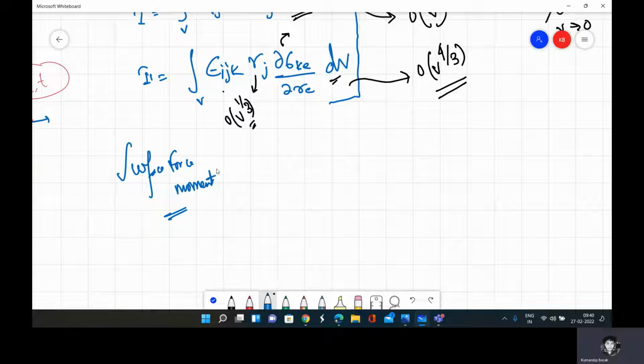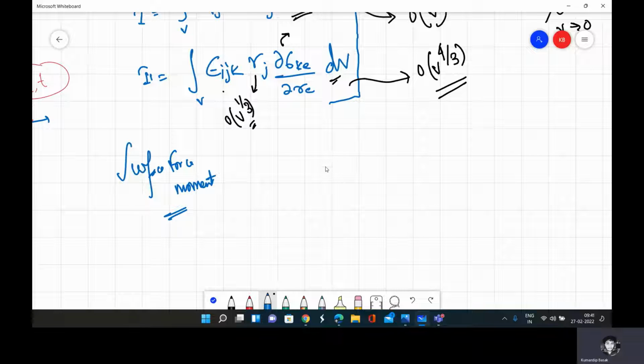But one may ask, okay, then what is the moment of the volume forces? That is also present. As we know, there are two types of forces, surface force and volume force. So what is the condition about the volume forces? Fine.